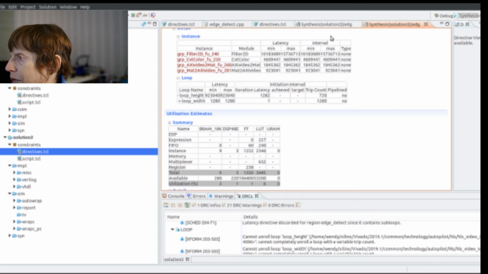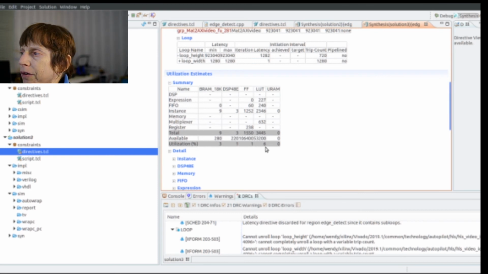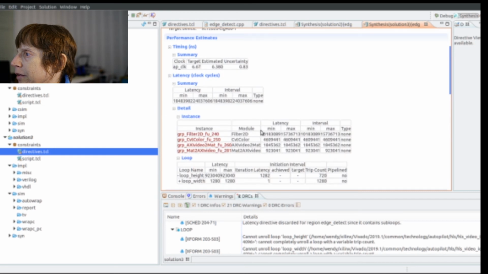Some more BRAM. Three of the special blocks. But you can tell it barely touches the surface. This algorithm is so simple, it barely touches the surface with this device. So, at any rate, you can get an idea here of how these different things impact.